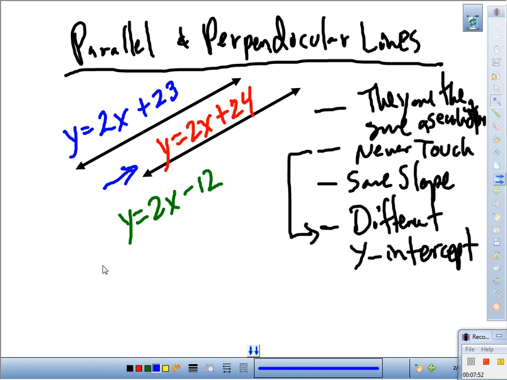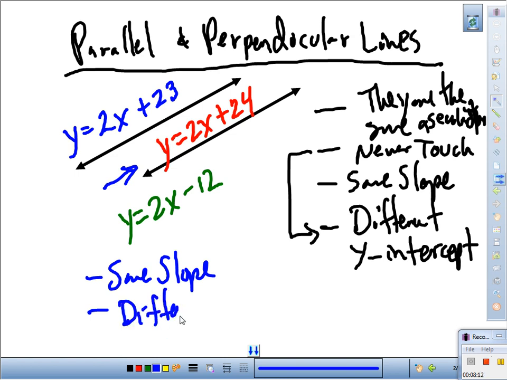No, about writing equations that are parallel or parallel lines. Same slope. What else? Different y-intercept. Hands if you agree with those two? Yes. So that's imperative for that.